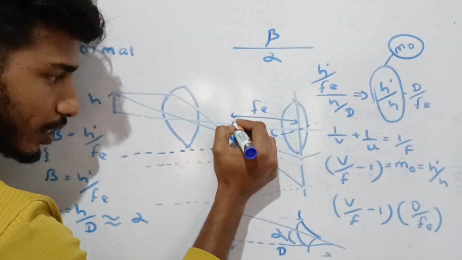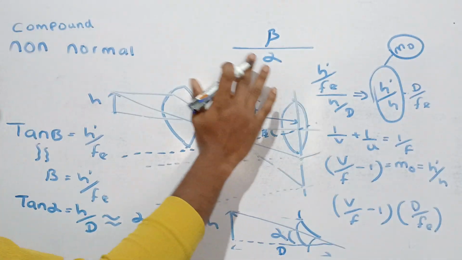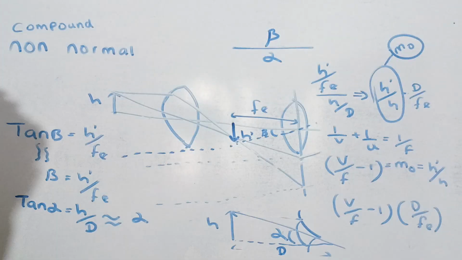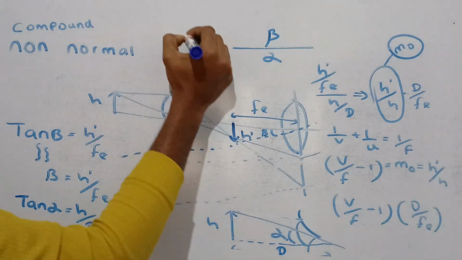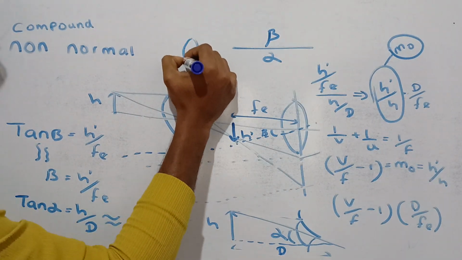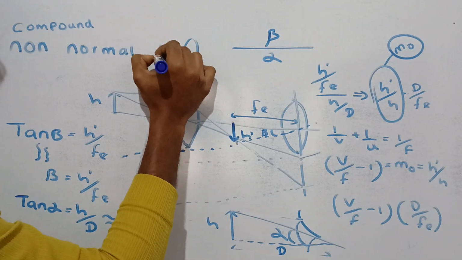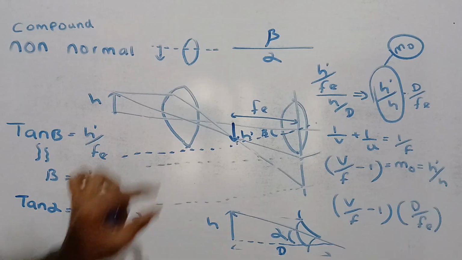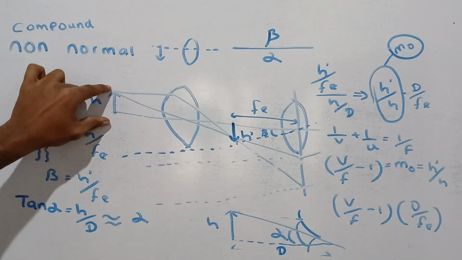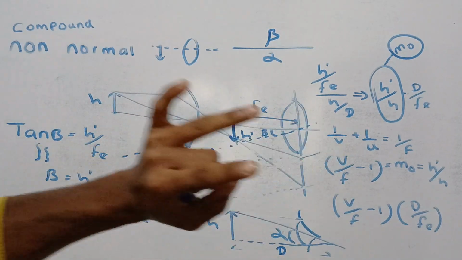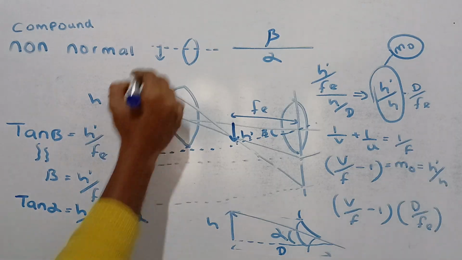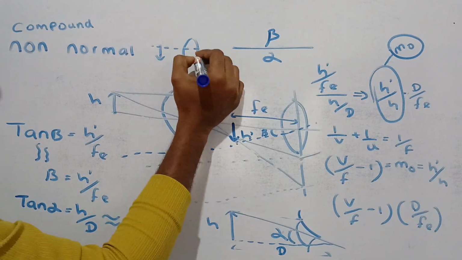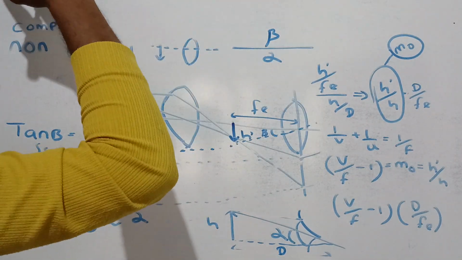If I draw a separate ray diagram for this part, you can see you are having the eyepiece. You are having the virtual object, okay? You have an object here, and the image of this is the object for the eyepiece. The image produced by this object and lens combination is at infinity.